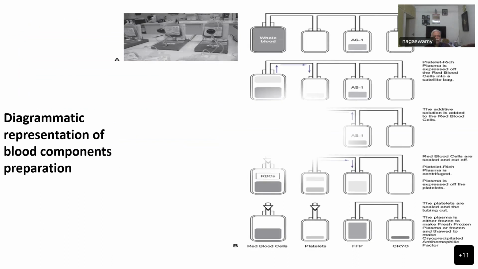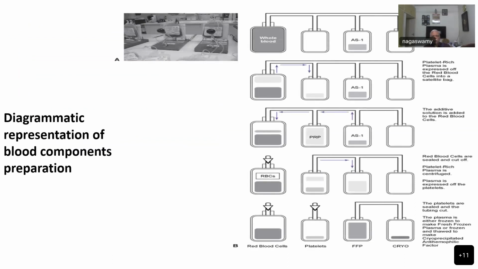So this picture shows how they are all separated. This is the whole blood. This is called the triple pack or quadruple pack system. All these bags are connected together. When you puncture the vein of the patient, in the first bag you collect the whole blood, and then this bag is rotated in the centrifuge like this.